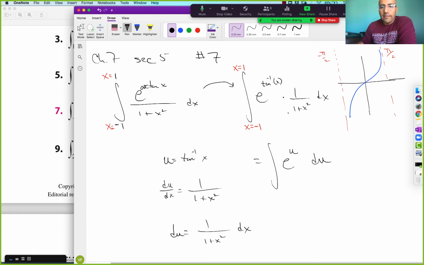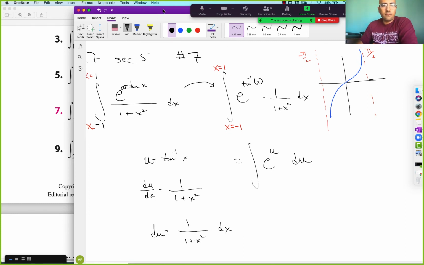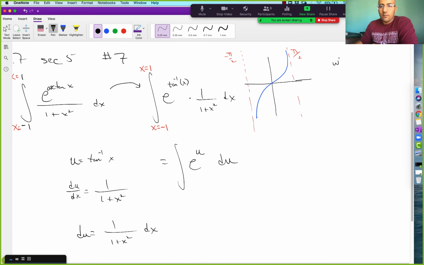In this case, when x equals 1, we have u equals tangent inverse of 1. So tangent of u must be equal to 1. We're looking for the angle such that the tangent of that angle equals 1.